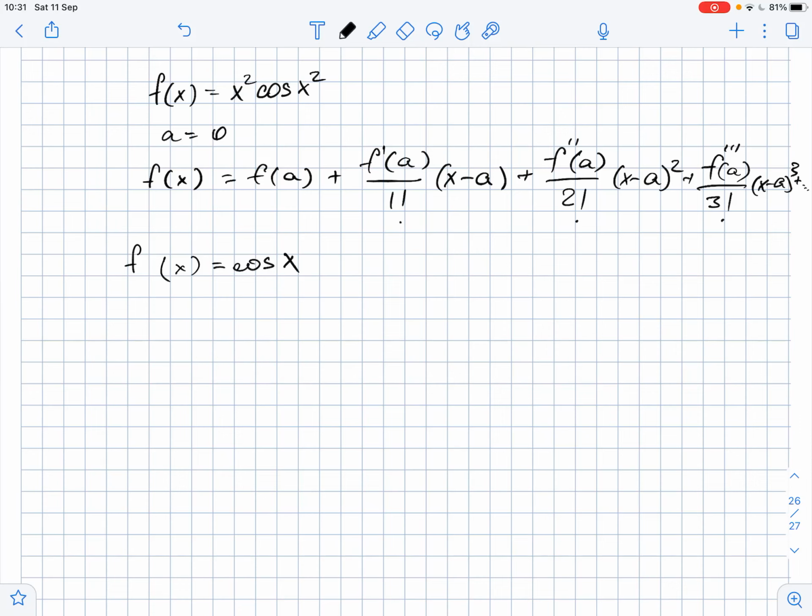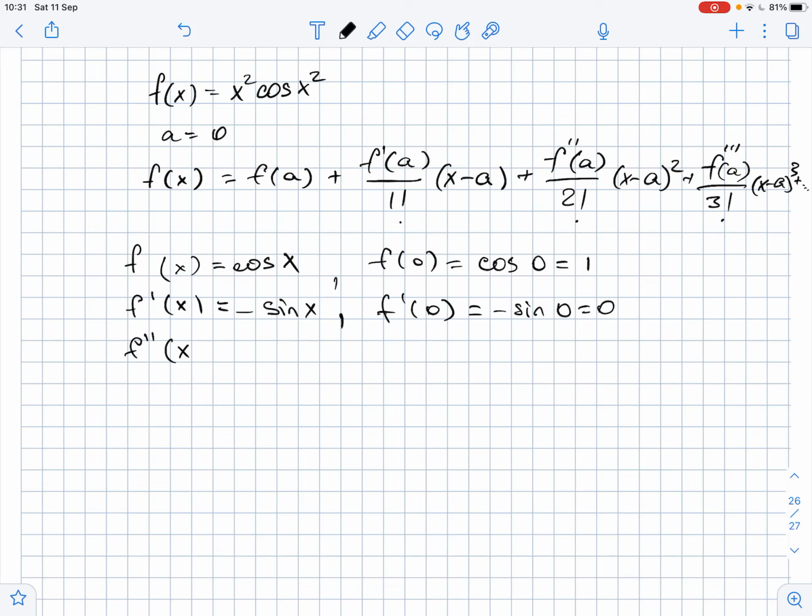f of x, which is cosine of x, then f of 0 equals cosine of 0, which is 1. f prime of x is negative sine of x, then f prime of 0 equals negative sine of 0, so it's 0. The second order derivative of f of x equals negative cosine of x, then the second order derivative of f of 0 equals negative 1.